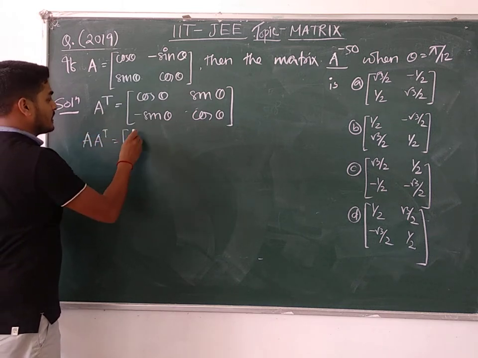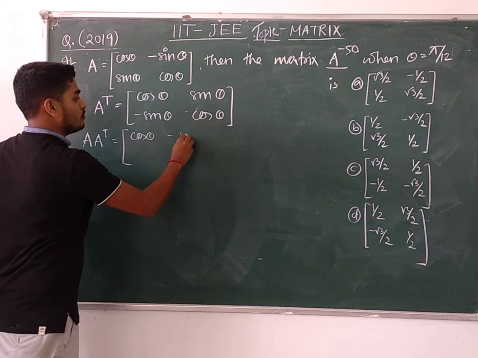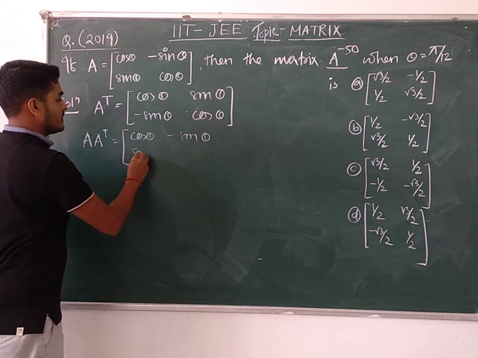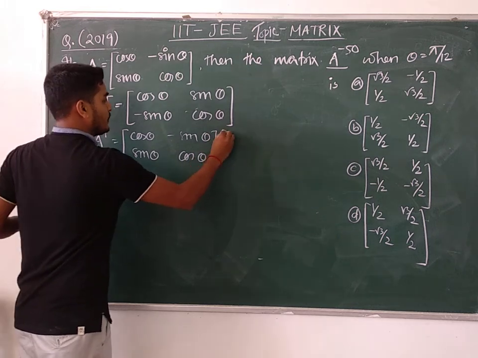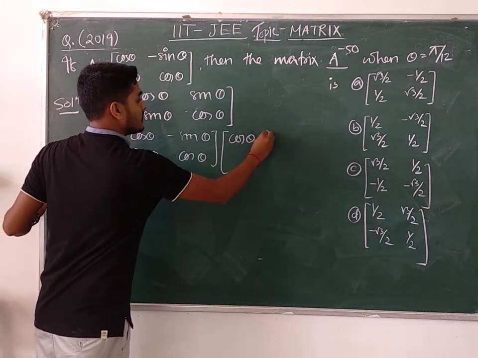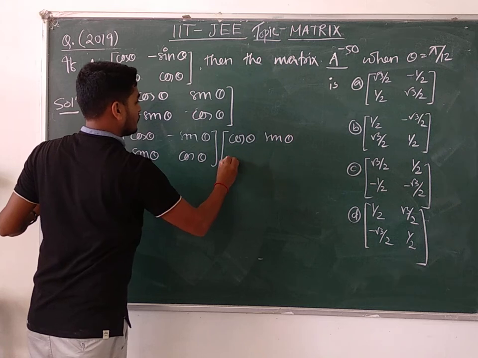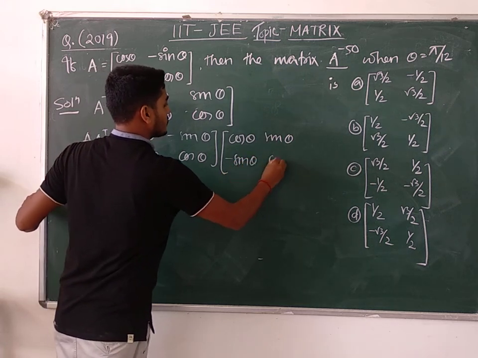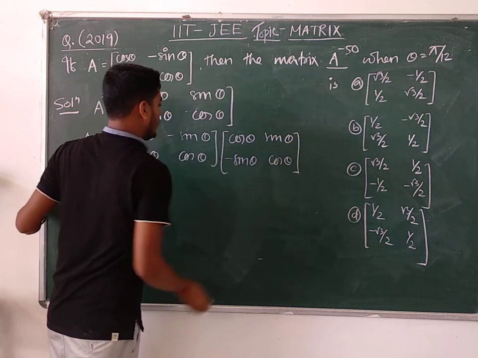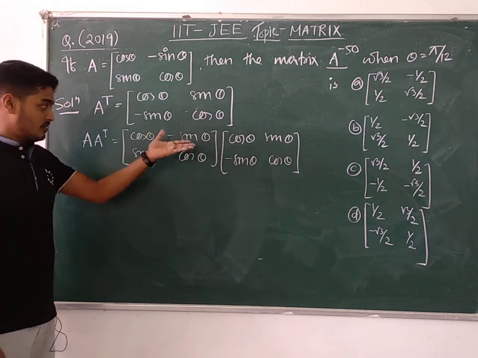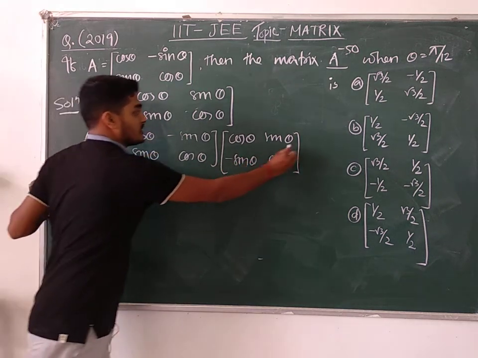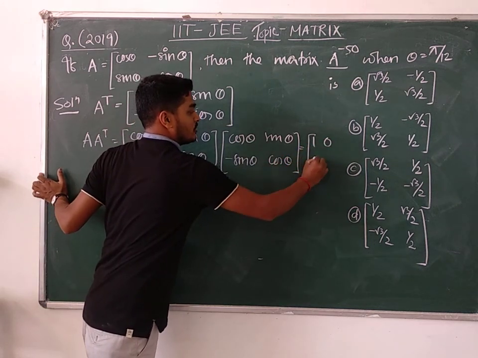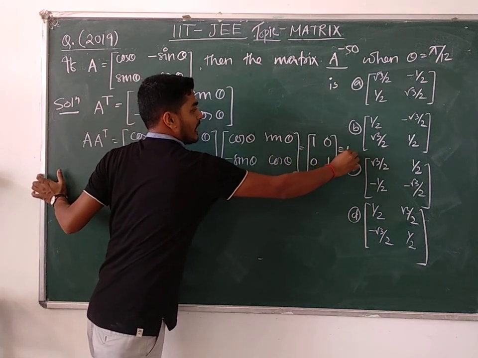That means you have to multiply cos theta, minus sin theta, then sin theta, cos theta, with cos theta, sin theta, minus sin theta, then cos theta. Okay, after having the multiplication, just go through the question please. After having the multiplication, you will get the identity matrix 1 0 0 1, which is equal to what? Identity matrix.